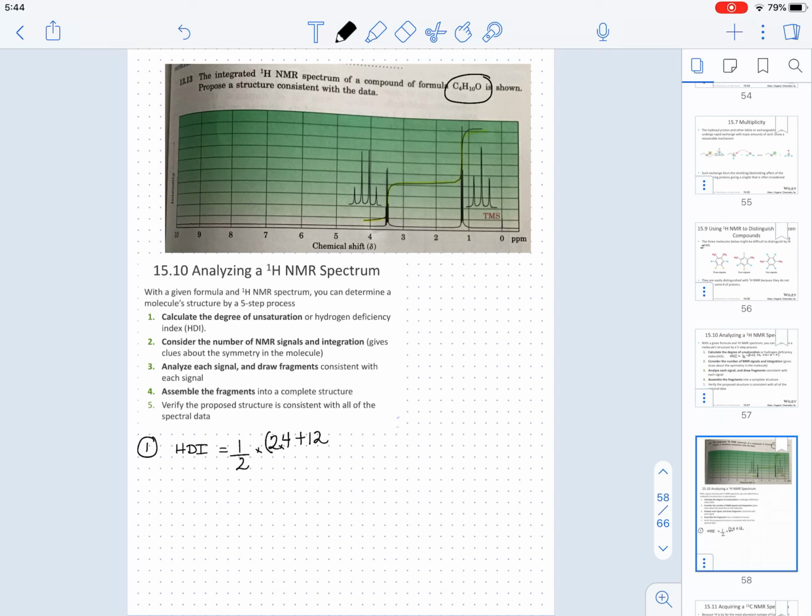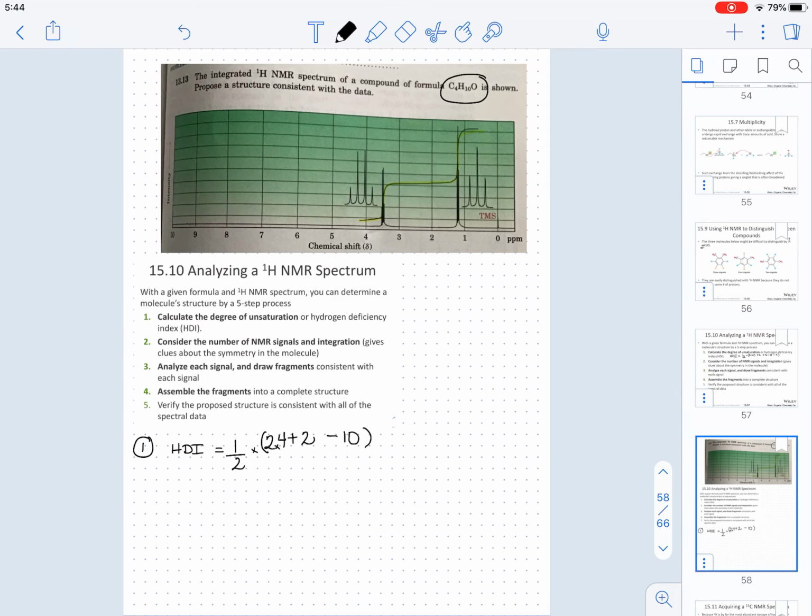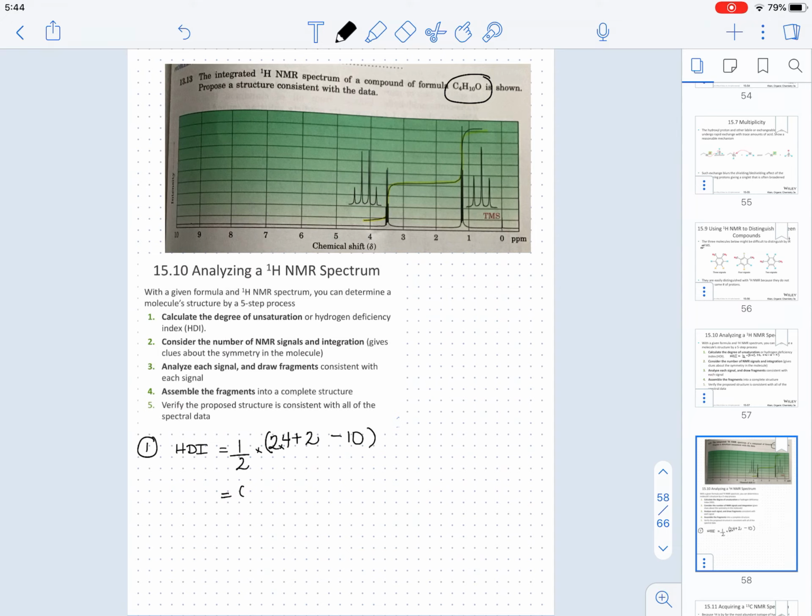So I just have to subtract the hydrogen atoms, which is going to be 10. Let me just make those numbers more clear. So it's 2 times 4 plus 2 minus 10, everything divided by 2. So when we do this, then we see that the HDI for our molecule is going to be 0.